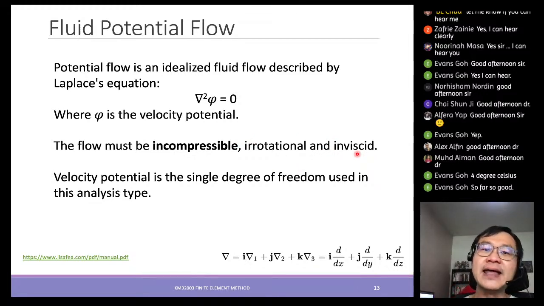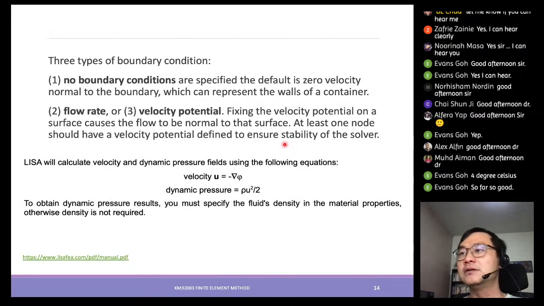So if you intend to simulate air flowing through a pipe, then this may not be good, meaning you will get a lot of error, because the formulation and the manual already mention that they calculate based on the assumption that the fluid is not compressible. So this is where you have to read the manual.